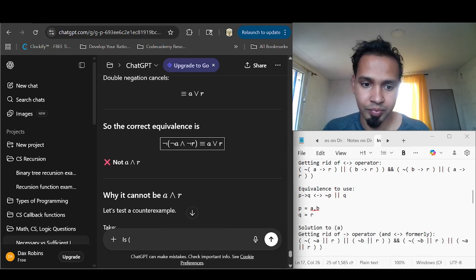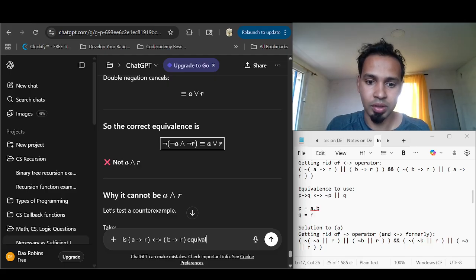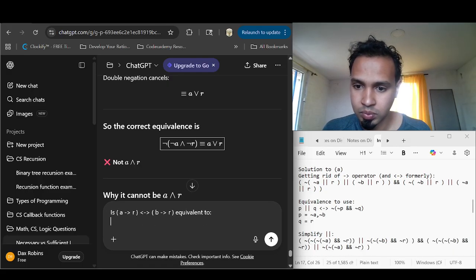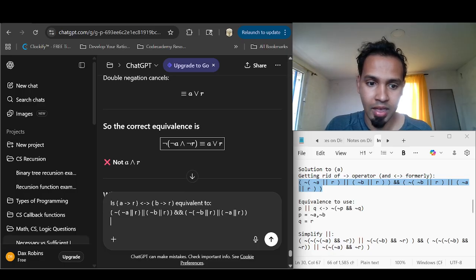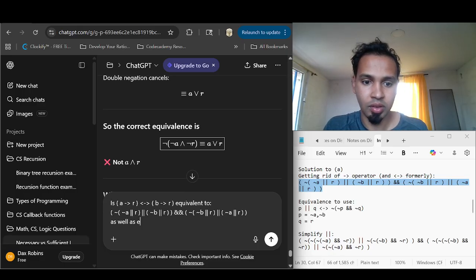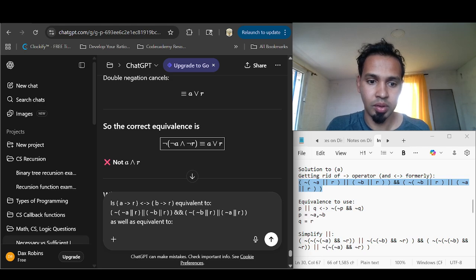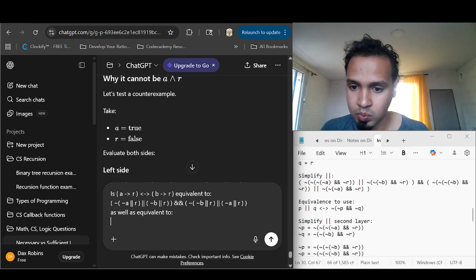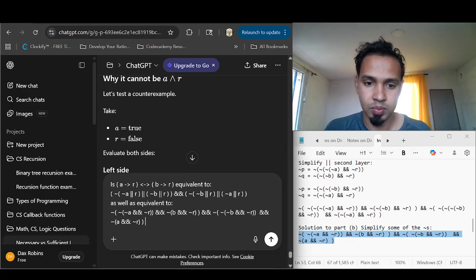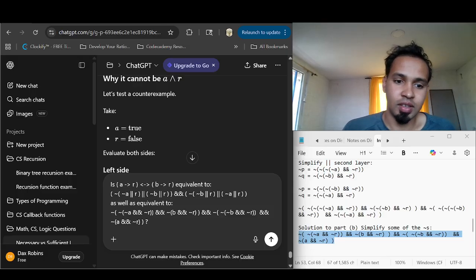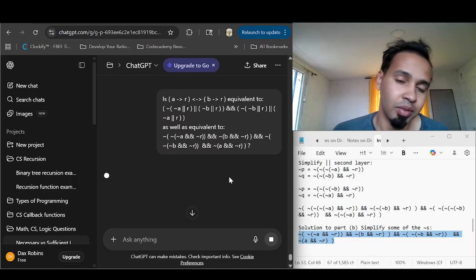Is this equivalent to the solution for this one, as well as equivalent to this? All right, let's see if these solutions are right. They might not be right. I think they're right.